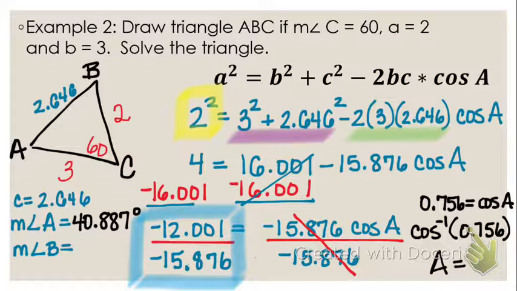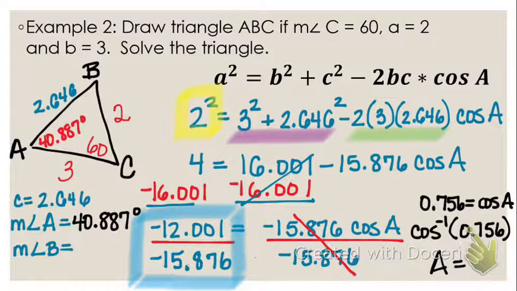So now that we know two angles, the third angle, we can just do triangle sum. So go ahead and do triangle sum to find angle B. So the measure of angle B, and I'll write that at the top.